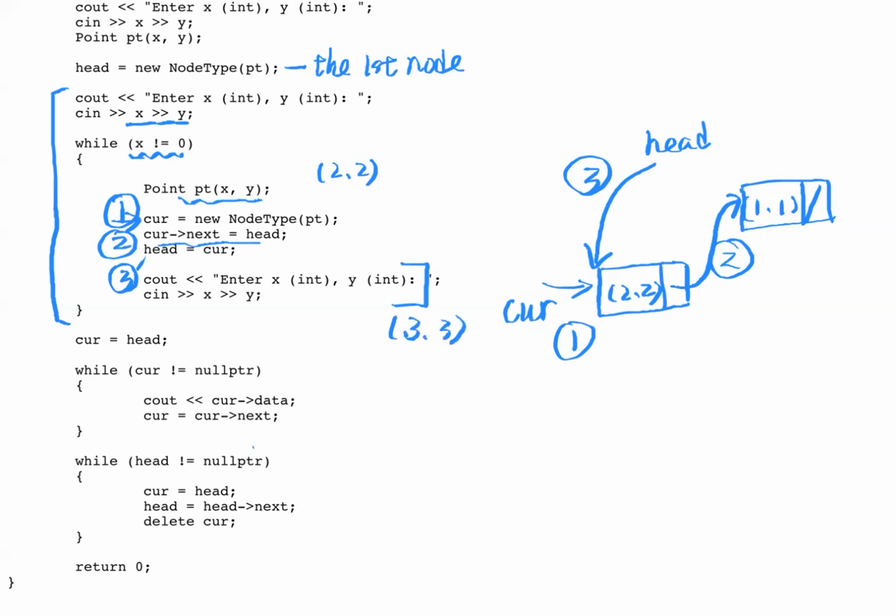We go back to the loop condition. X is not 0, so we create a node, we create point 3, 3. Create a new node. The current points to the new node.